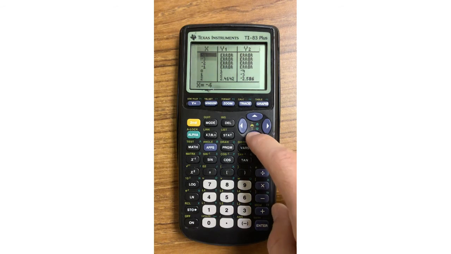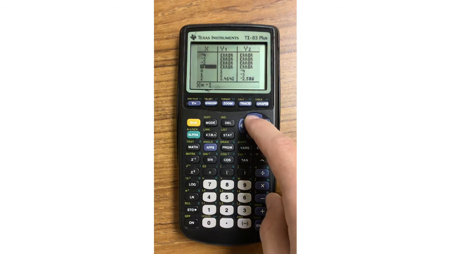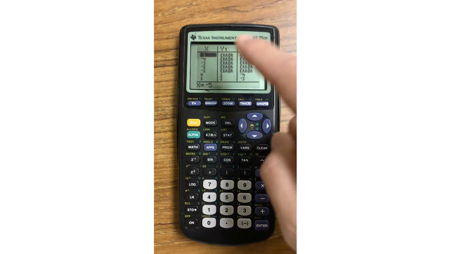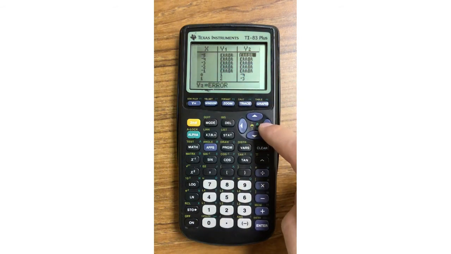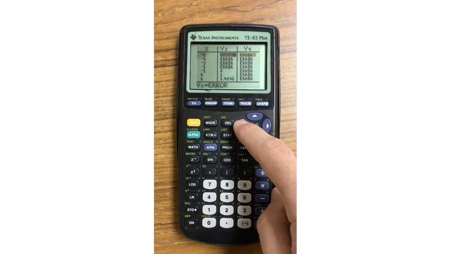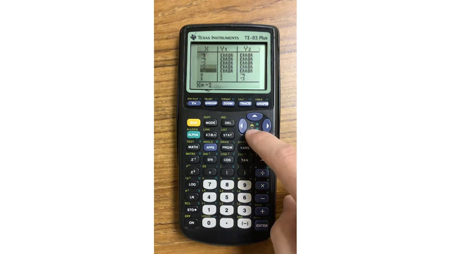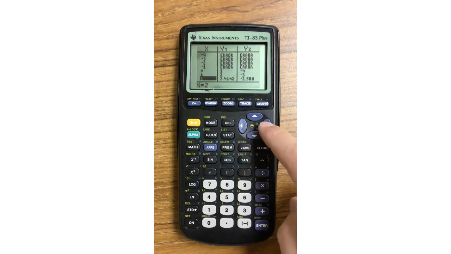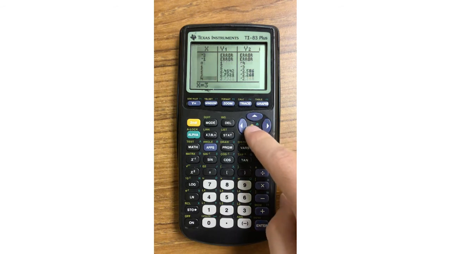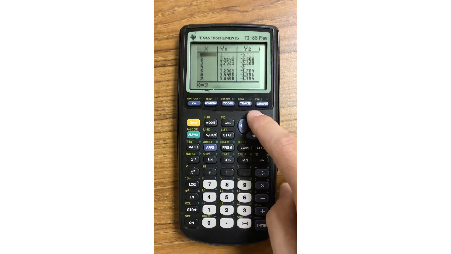So notice here, if I go into negative values, it all says error. If I move that way, in the Y3, it says error. So I have 0, 1, 1, 2, 2, and then you see this growth here moving forward.